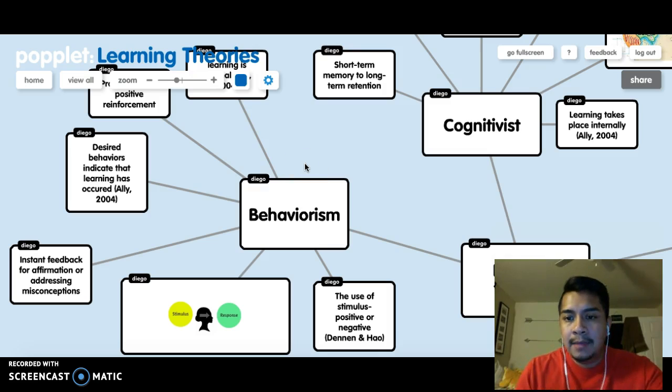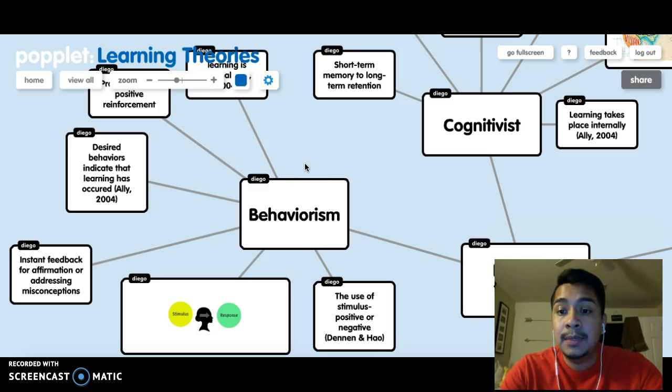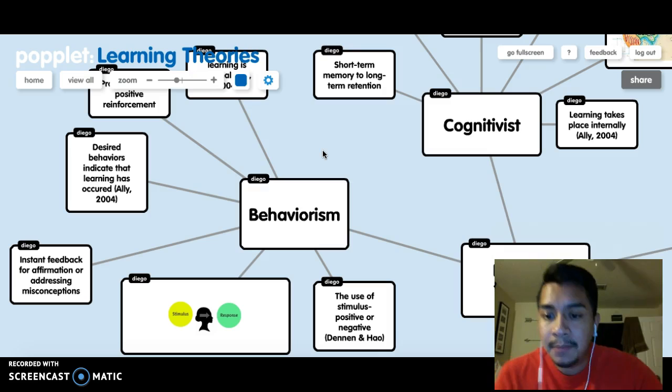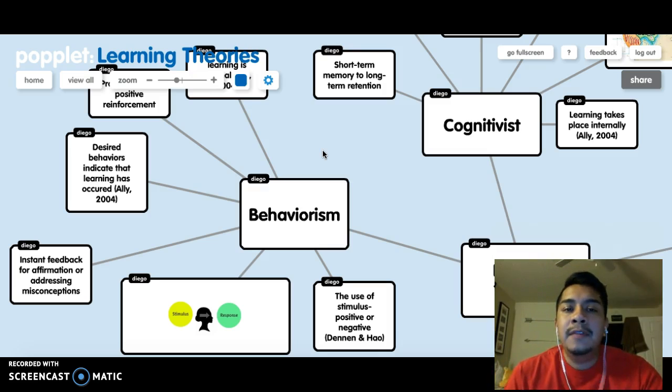My interpretation of behaviorism, based on these readings, is that it is whenever learning takes place and there's a desired outcome, a desired behavior. For example, this is an example I used last week: if the learning target is I can add two-digit numbers, then the behavior is they're going to add two-digit numbers correctly every time.